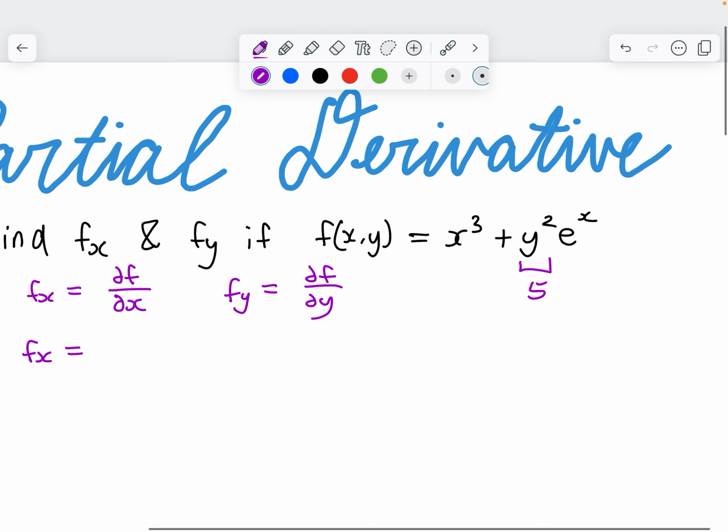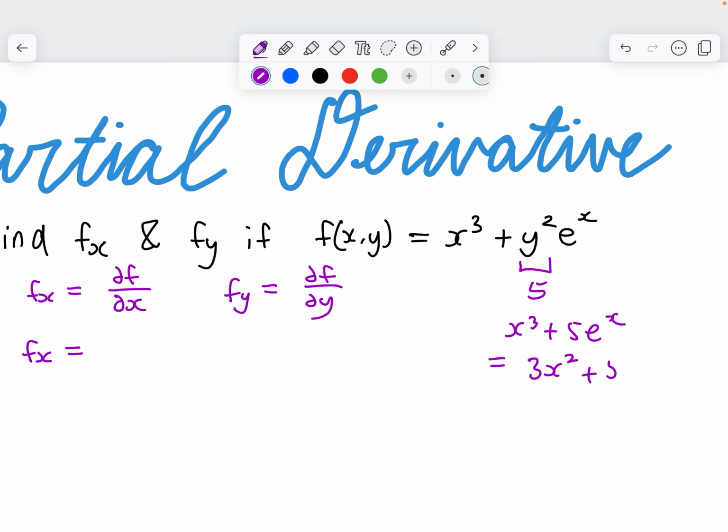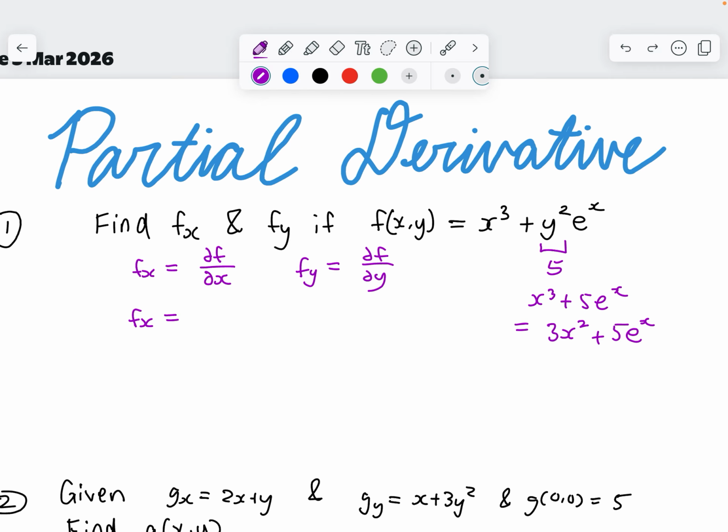If we were to derive this, we have x cubed plus 5e to the power of x. That would be 3x squared plus just 5e to the power of x, because the derivative of e to the power of x is just e to the power of x. And if we have a constant, we just multiply that. So we are basically doing that when we're trying to solve for fx.